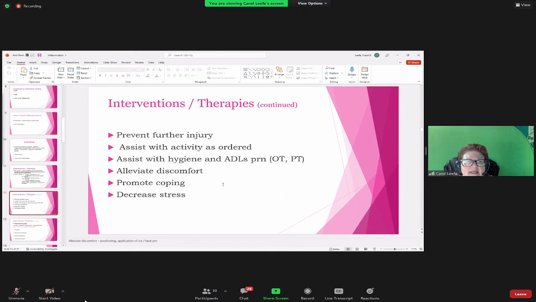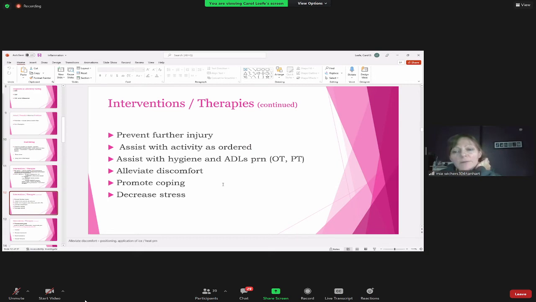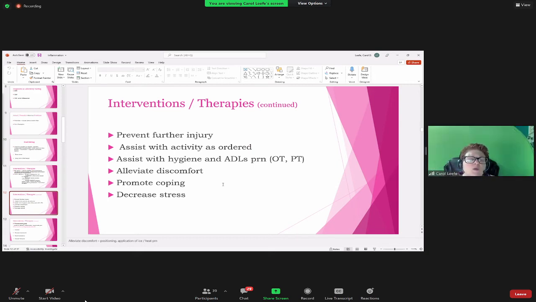And then PT has to do with what? Movement, physical therapy. Okay, so strength and coordination and balance of the lower extremities, focusing on gait and being steady, and if they need some kind of assistive device to help them be safe when ambulating, those kinds of things.